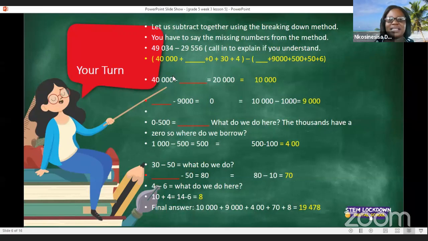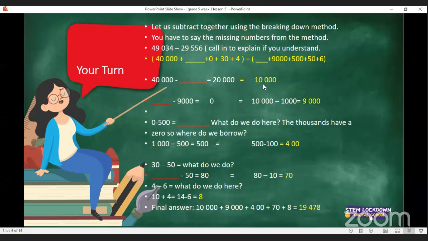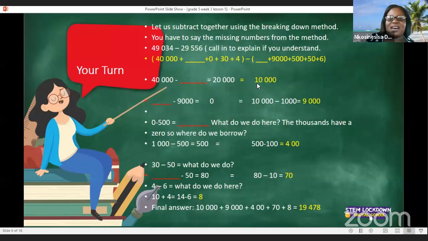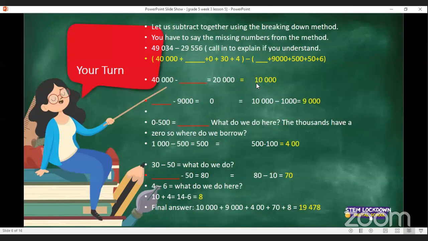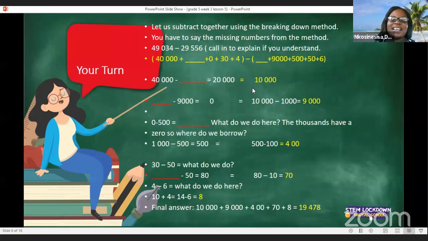Okay, so then tell us, 40,000 minus 20,000 gives us, I already gave you 20,000 here, right? And how did we get this 10,000? Because we borrowed from the 1,000, because there wasn't enough at the 1,000, so we had to borrow. Well done, all right. I jumped a step for you.